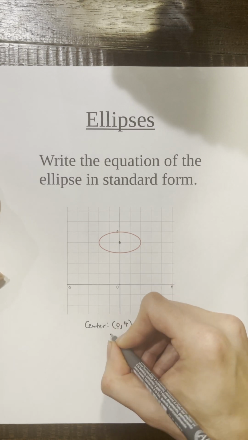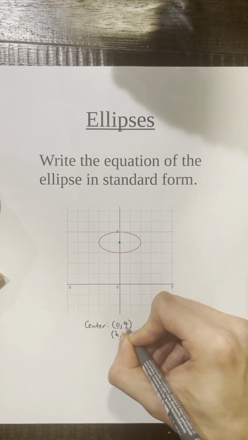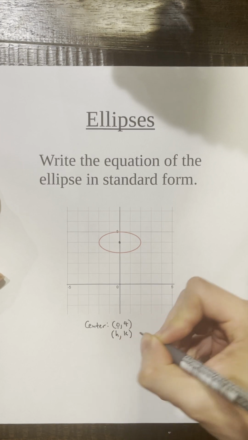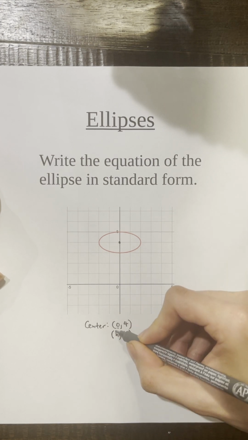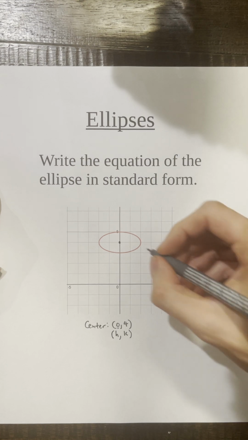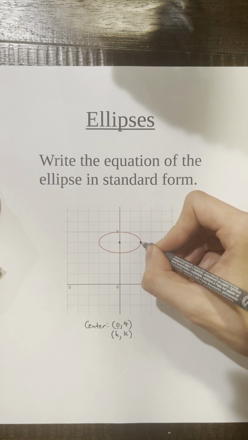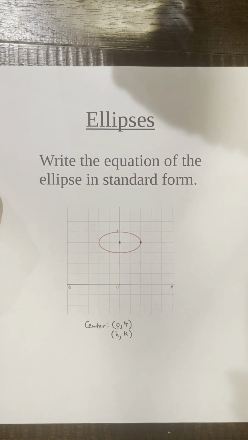Okay. And the x coordinate of the center is what we call h. The y coordinate is what we call k. You'll need to remember this for later. Now, is this a vertex or is it a co-vertex?